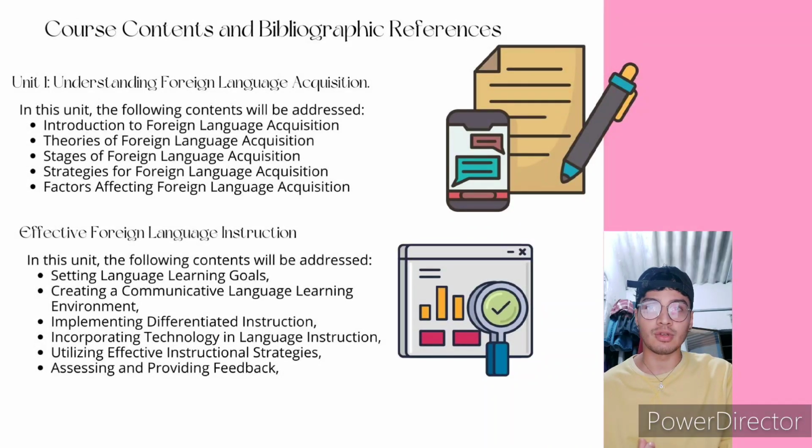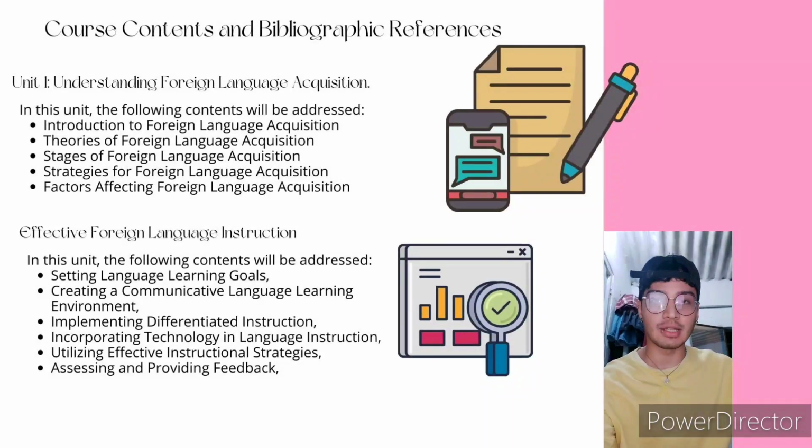And Unit 2, Effective Foreign Language Instruction. In this unit, the following contents will be addressed: setting language learning goals, creating a community language learning environment, implementing different instructions, incorporating technology in language instruction, utilizing effective instruction strategies, and improving feedback.